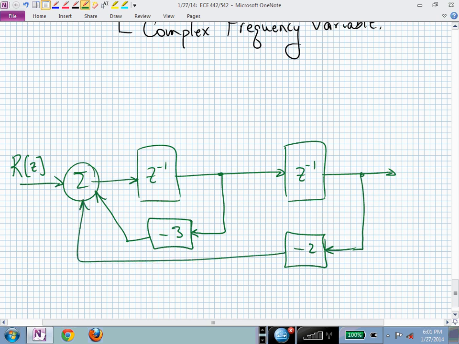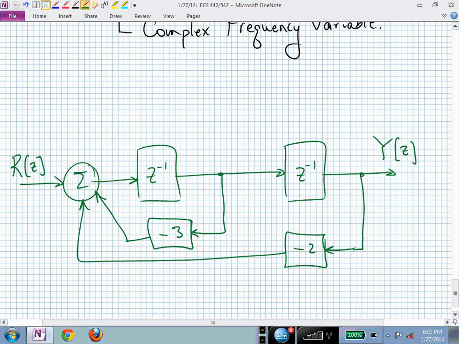And these signals, the directions are important. So those are one-way links. I can't go back against that arrow. And I was calling this my output. So if that's the output in the frequency domain, then I'm going to call that capital Y of z.